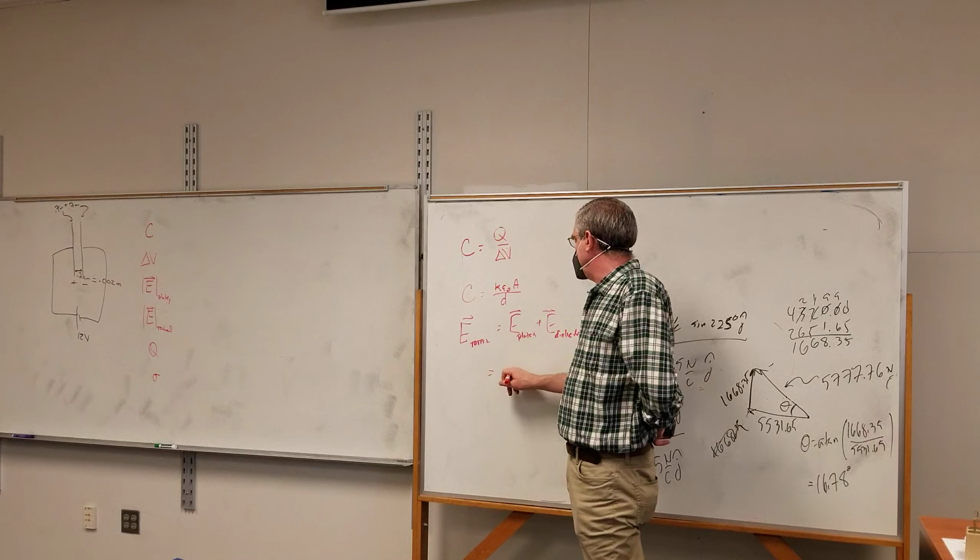I know that my electric field from the plates, and we'll just do magnitude, is equal to sigma over epsilon naught. The total electric field, magnitude, is sigma over epsilon, where epsilon is kappa times epsilon sub naught.